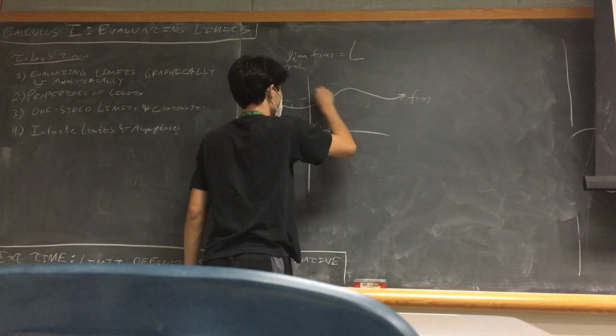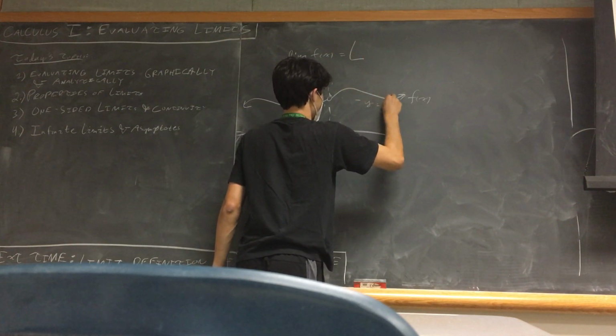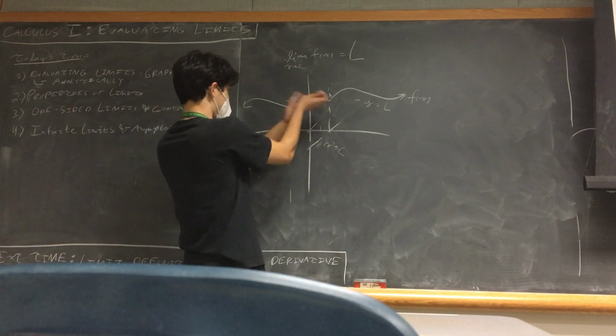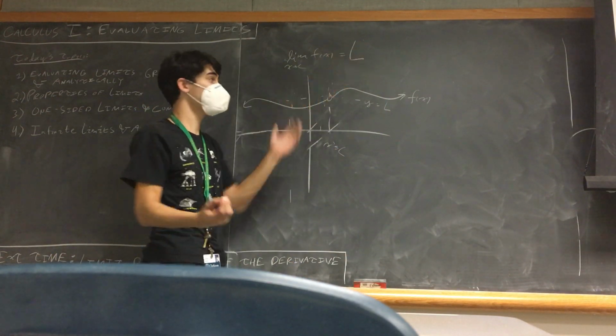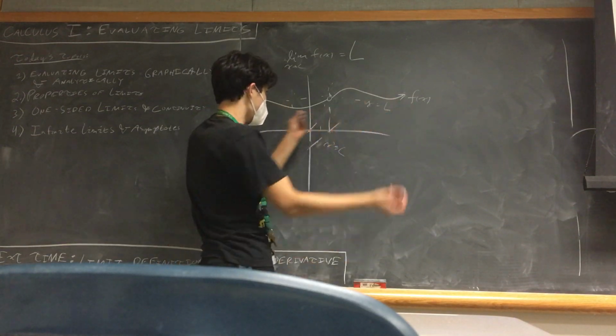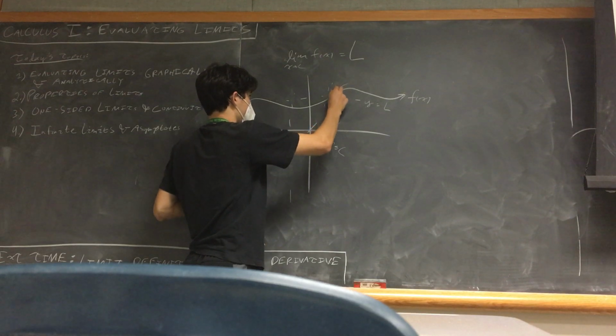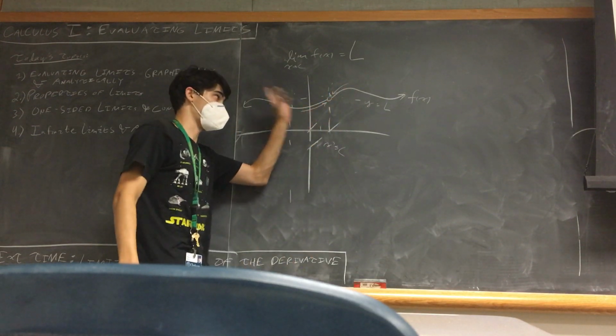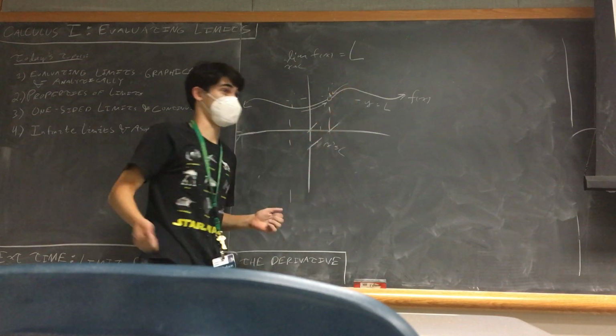Let's say that the limit as x approaches c of f of x is equal to L. So the limit exists. And we know that if the limit exists, then the function approaches the same value from both the left side and the right side.